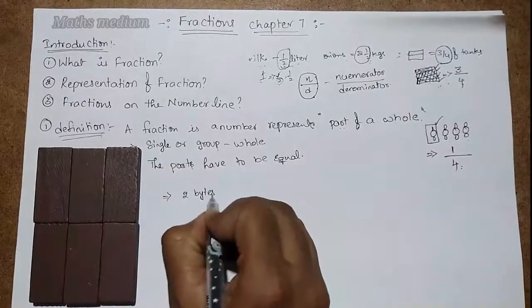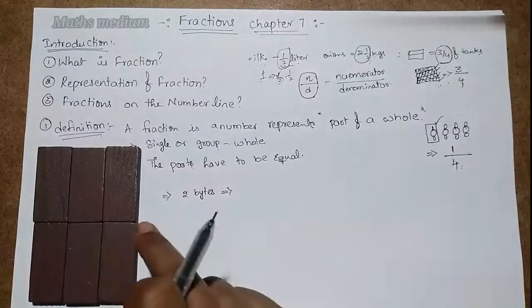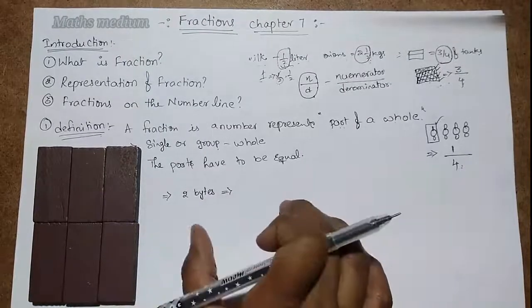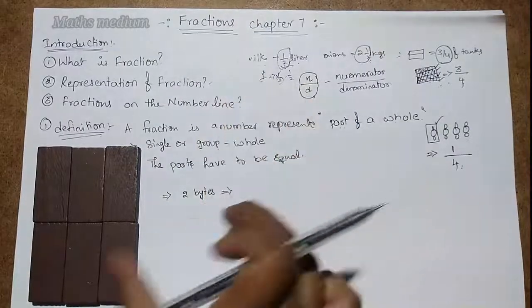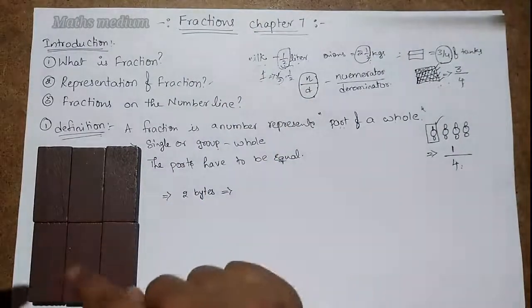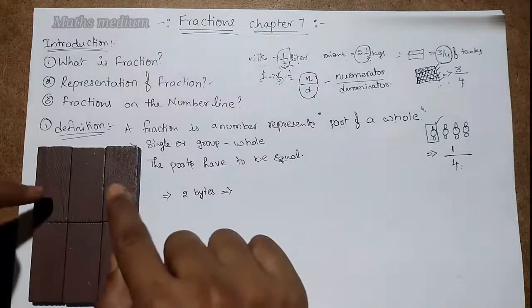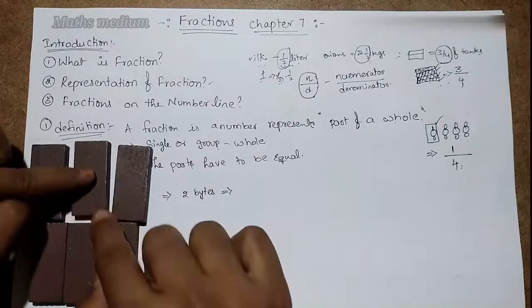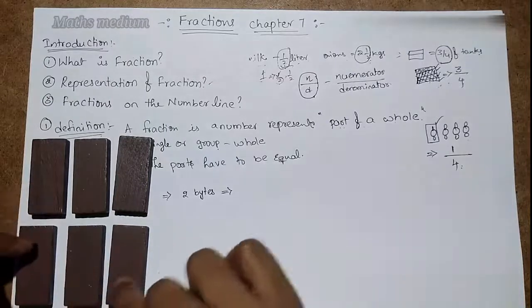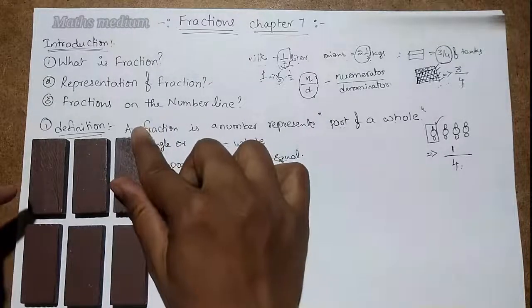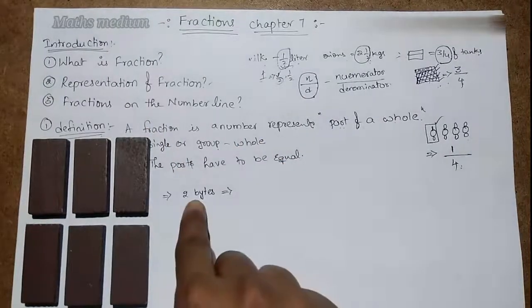How can we represent this chocolate as a fraction? That is the important part of the fraction definition, and you can learn the representation of a fraction from here. First of all, you have to divide it into equal parts. So next you have to divide it into 6 equal bites. See here, these are equal in length and equal in width also.